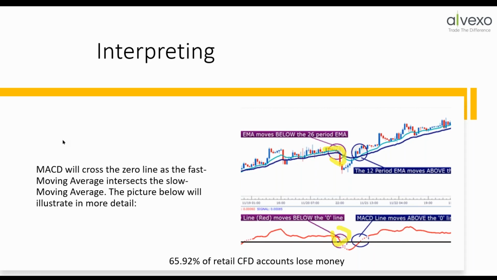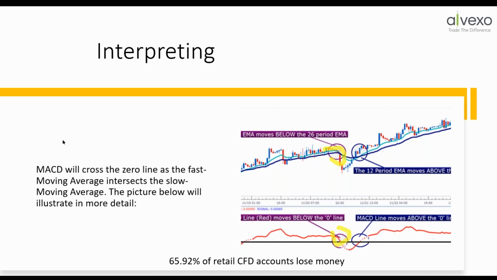For those of you who don't understand what we talk about faster and slower, anything based on a moving average, the shorter the period of the moving average comparison is always going to be the faster. The longer period of a moving average is always going to be the slower. The reason being is, in this case, we're using a 12 and a 26.